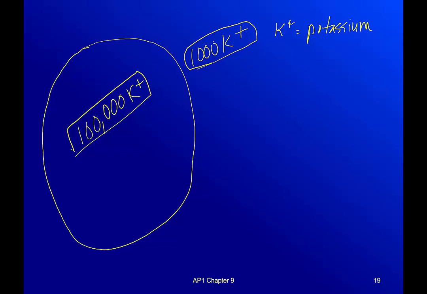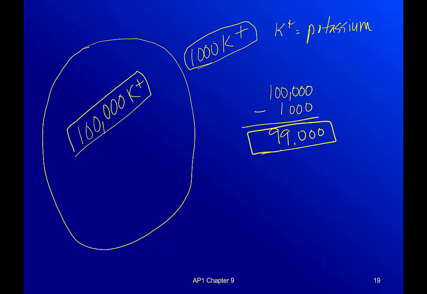In fact, there's a 99,000 positive difference, because if I go from inside with 100,000 minus what's outside, which is 1,000, that's 99,000 different. In other words, I have 99,000 more positives inside my cell than I have outside.